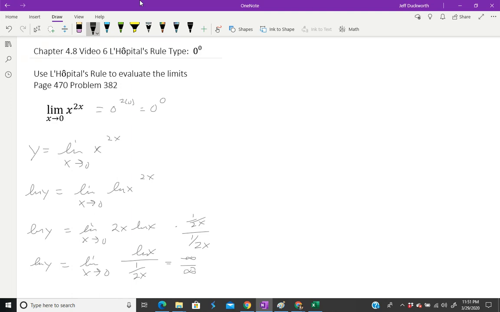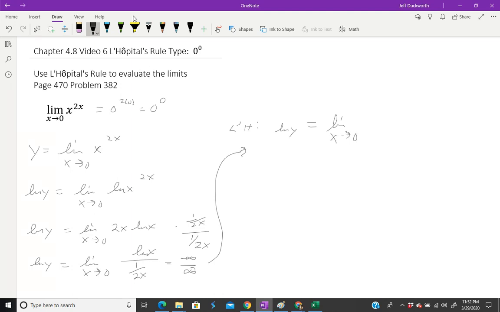Okay, so let me write it up here then. Okay, so I can take the L'Hopital's rule, so I'm going to use L'Hopital. And I've got ln of y still. I'm not doing anything with that, not until the end.